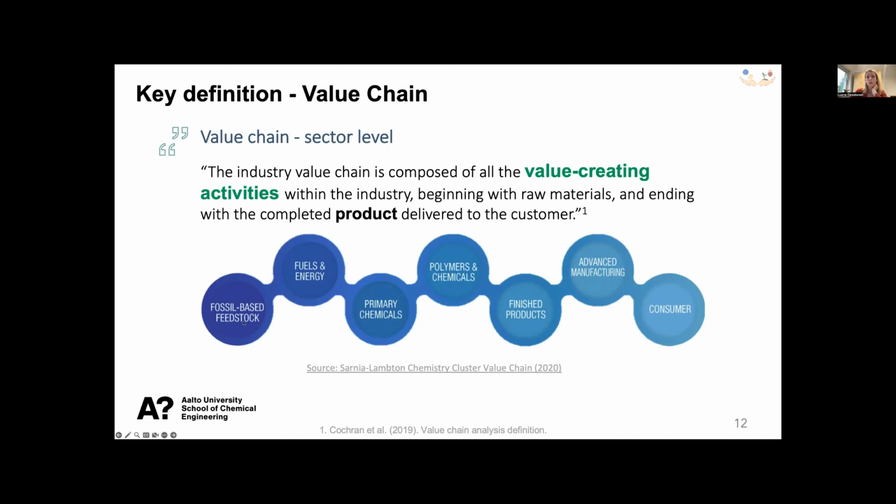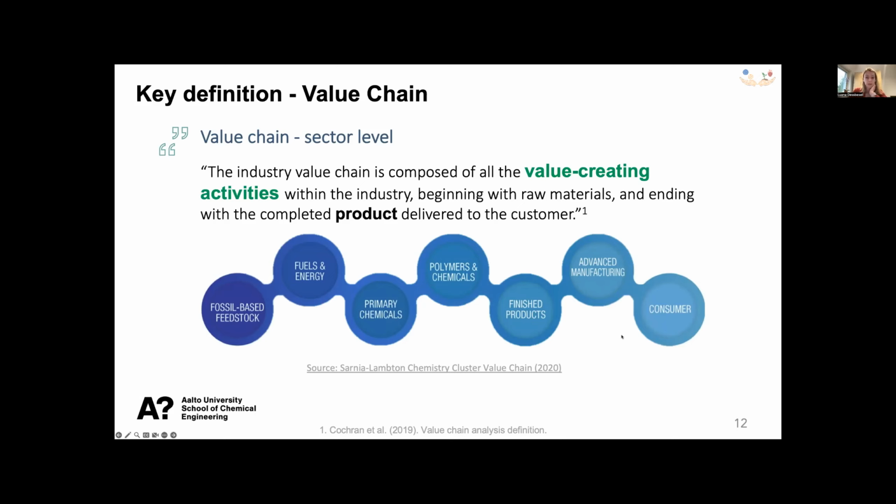So we use fossils, we make energy, we do further processing, we make chemicals, we do further processing, we make polymers, we do further processing, we make the packaging. This bag, for instance, is a package made out of it. And then we make a final product that comes to the consumer, us, and then we have perhaps some advanced manufacturing with further processing, and then it comes to us.